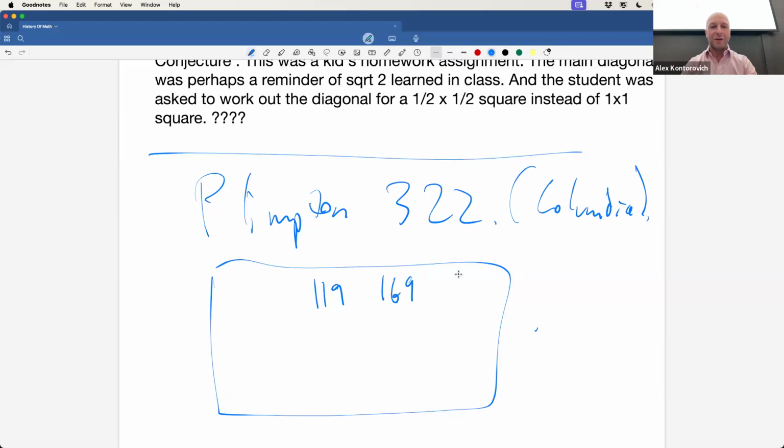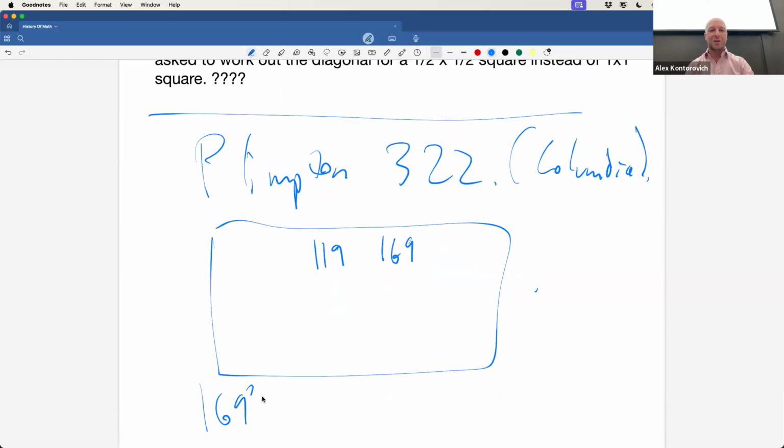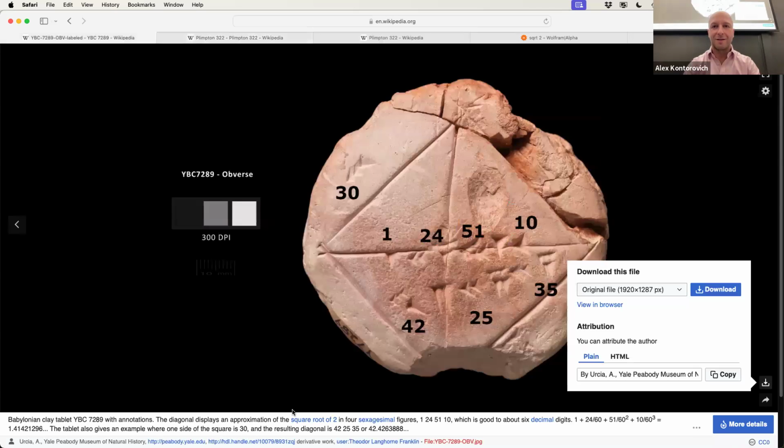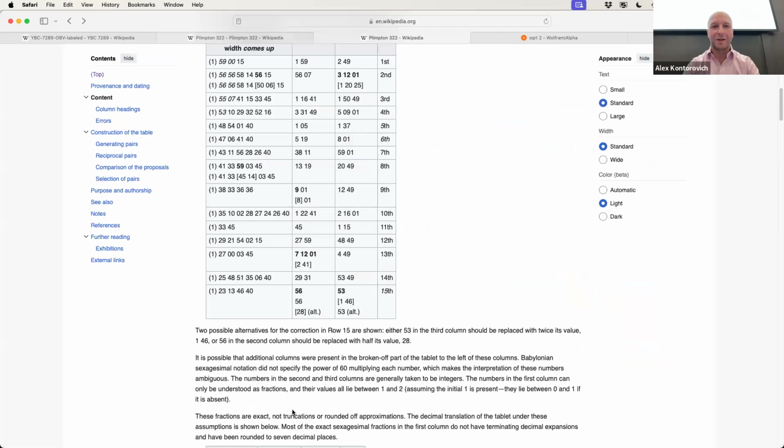And here's the thing, I claim that these are Pythagorean triples. So if you take 169 squared, I think there's a right triangle with one side 119 and hypotenuse 169. So if I take 169 squared, where is my calculator?